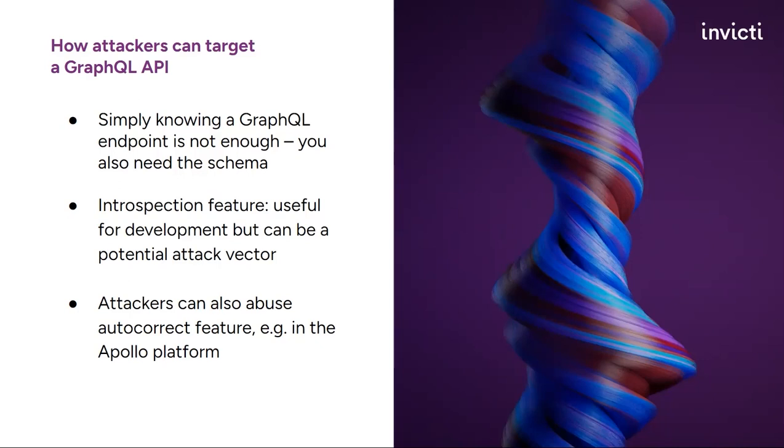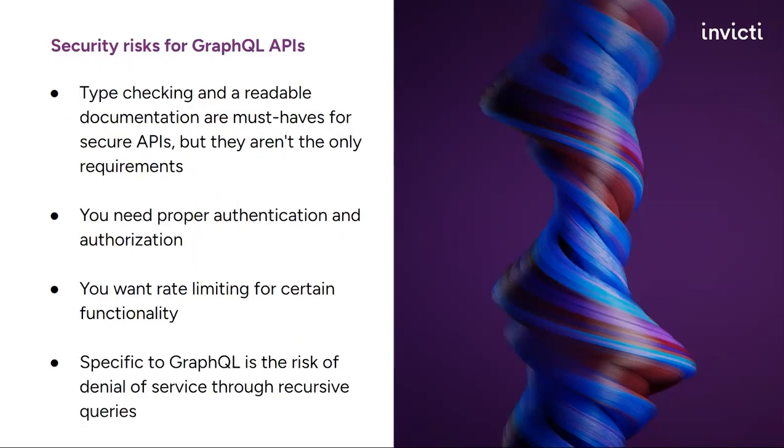But the GraphQL application, if the autocorrect feature is enabled, will try to fix these and tell them, hey, you put in the wrong word, but you meant the other one. And it will therefore give away the name of a field or query or something.